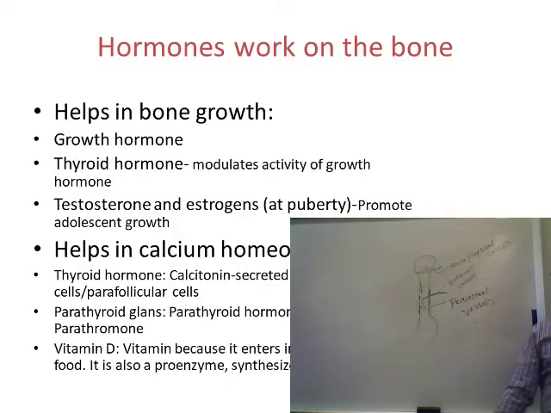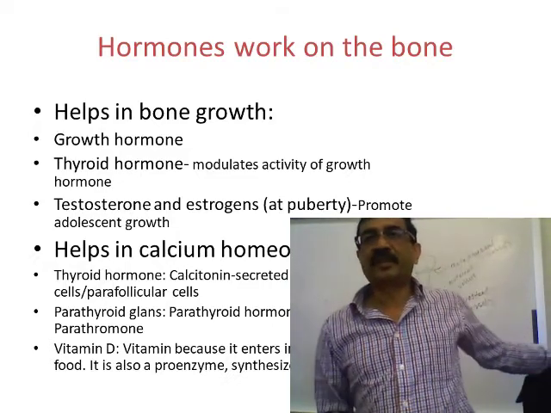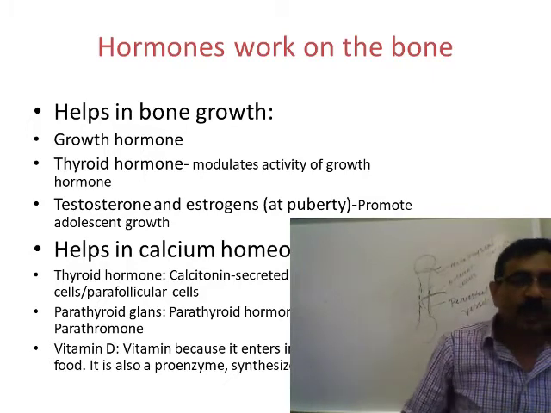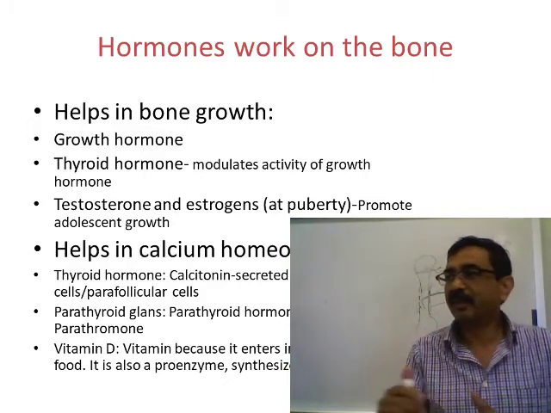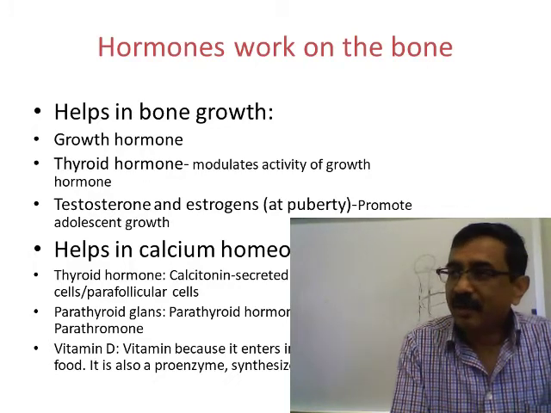Okay, we have talked about the remodeling. Hormones work on the bones. Growth hormone, thyroid hormone, and sex hormones. So these are the hormones that work mainly on the bones.